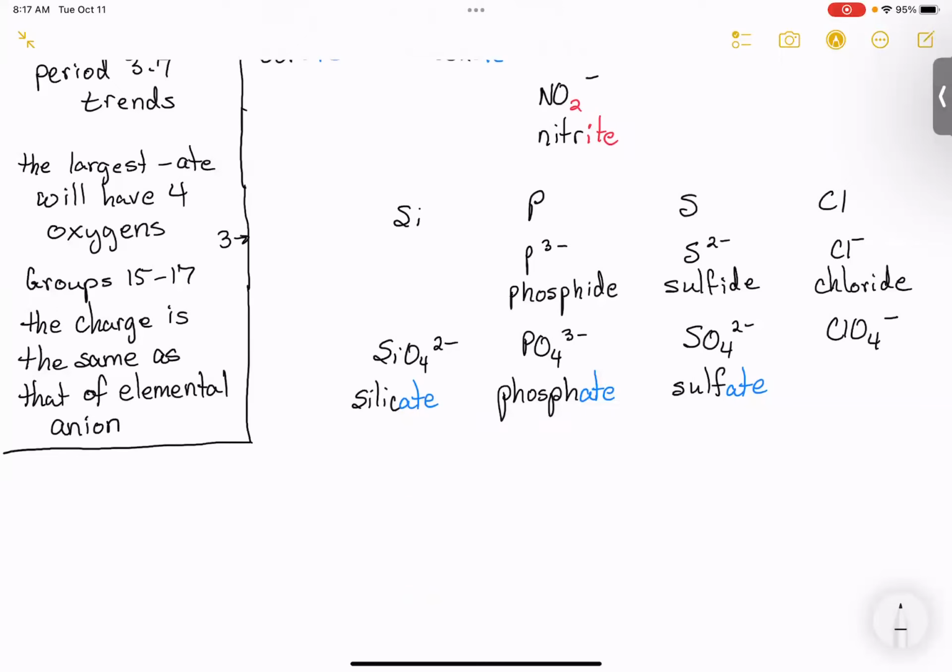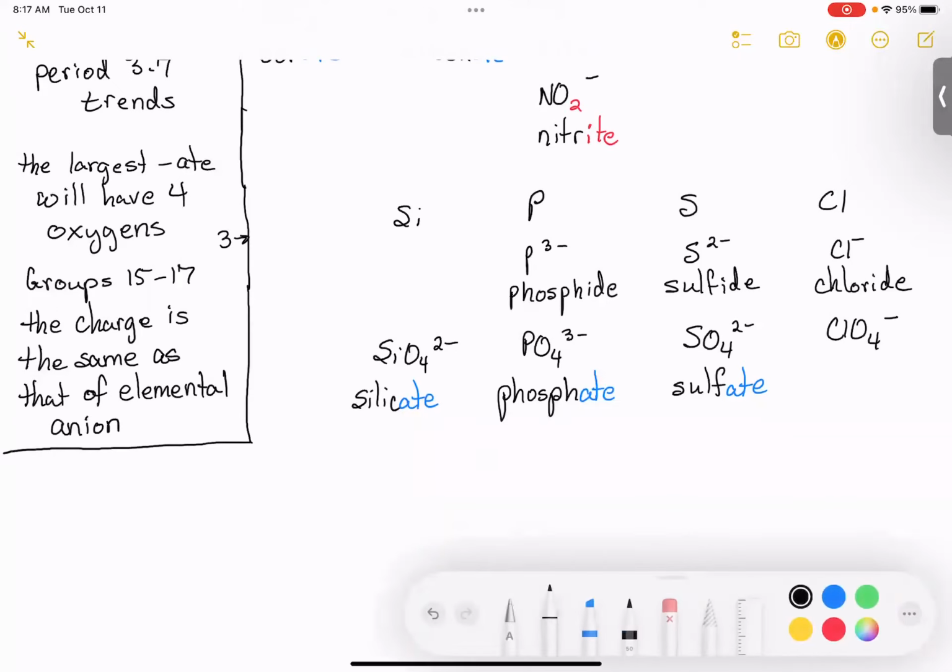Sulfur anions are 2 minus. It doesn't matter whether they're an oxyanion or an elemental ion. They always have the same charge. That should help in memorizing the charges, if you realize that all of the ions have the same charge.